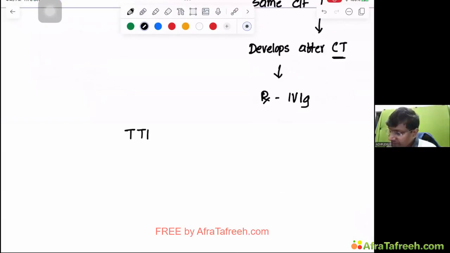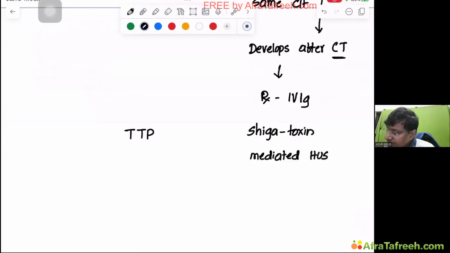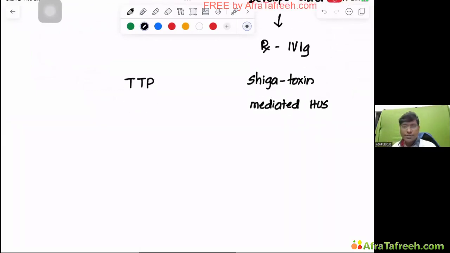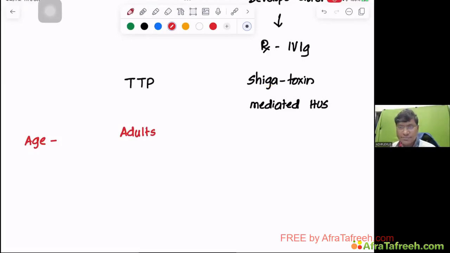So one side TTP, thrombotic thrombocytopenic purpura. The other one is Shiga toxin mediated hemolytic uremic syndrome. What is the age at which you have thrombotic thrombocytopenic purpura? That will be adults.